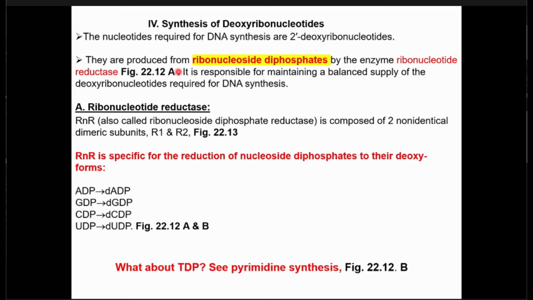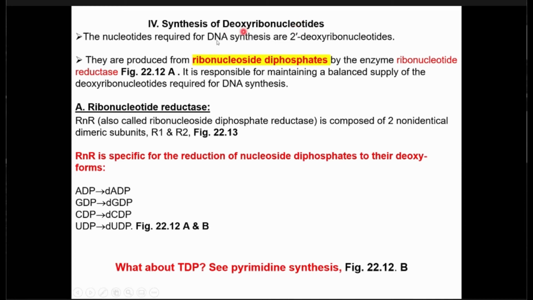So the deoxyribonucleotides, how do you make them? And again, if you look carefully at the way I'm giving you the information, if you take notes, it will be easy for you. We talked about ribonucleotides found in RNA.